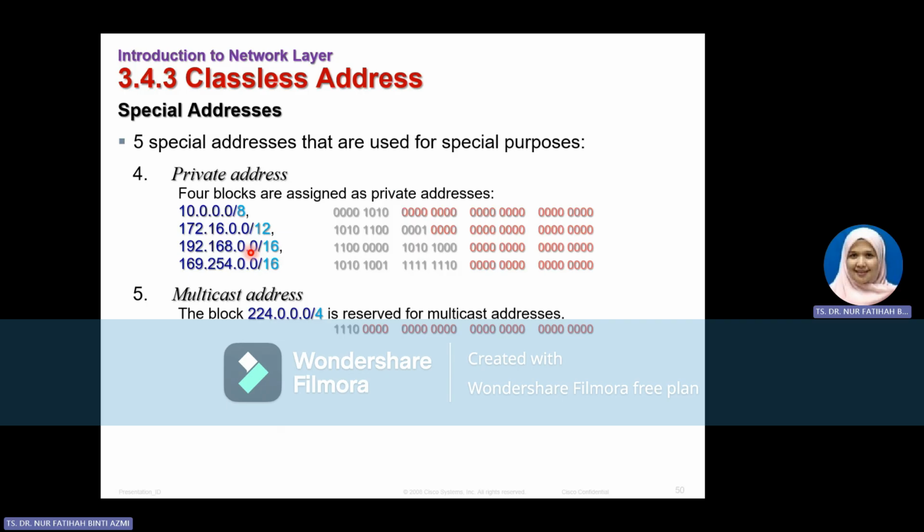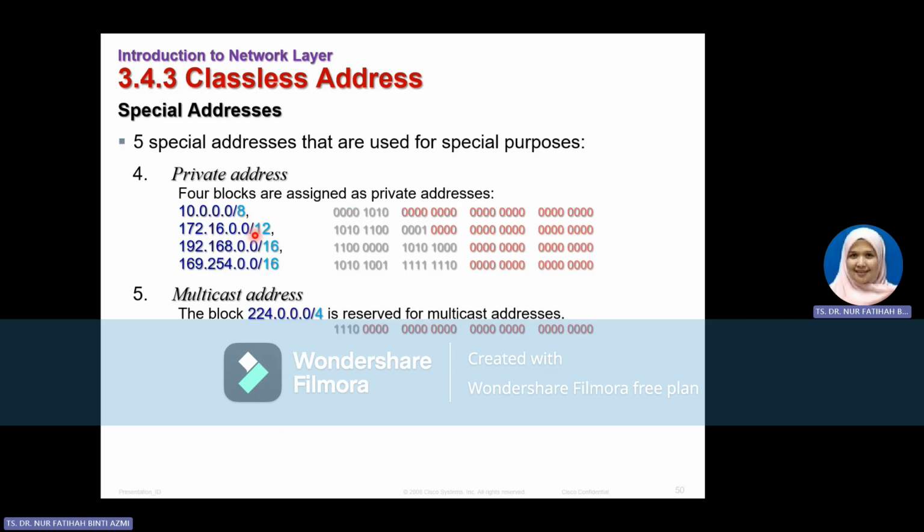This private address is not routable on the public internet. If traffic with a private destination tries to go out to the internet, it will be stopped by routers.